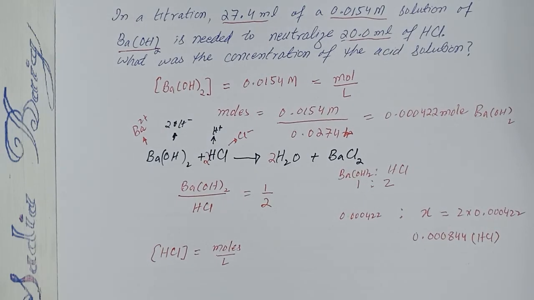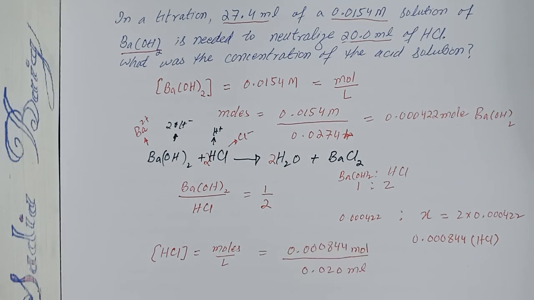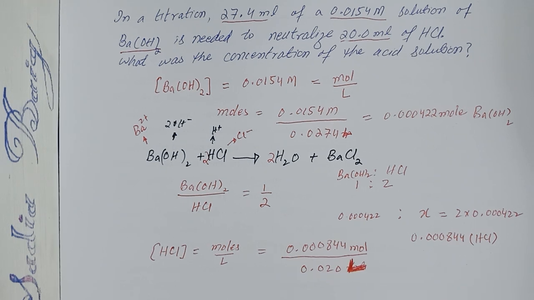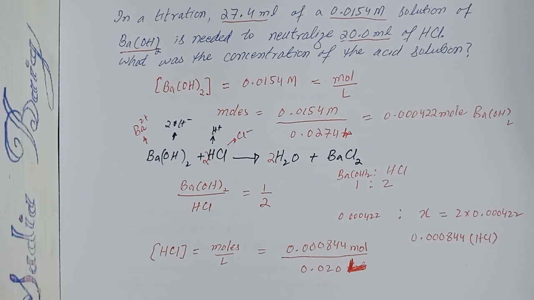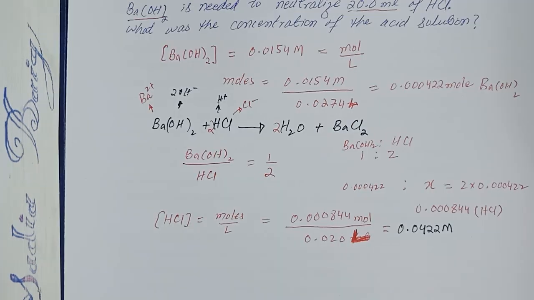So it's 20 ml, and if we convert this 20 ml into liters, the volume is 0.020 liter. So in this way we can calculate the molarity of HCl, that is equal to 0.0422 molar, that is the concentration of our HCl.